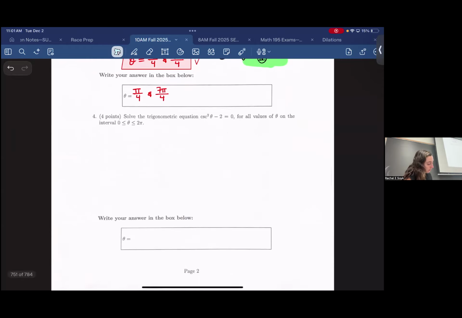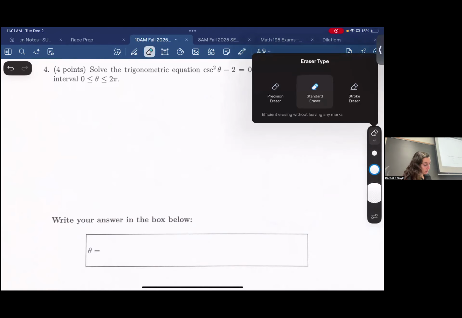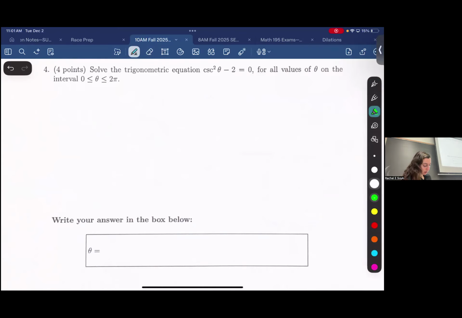Question 4. We have solve the trigonometric equation cosecant squared theta minus 2 is equal to 0. And then our bounds here are going to be once again between 0 and 2 pi. So 0 and 360. Write out our equation.